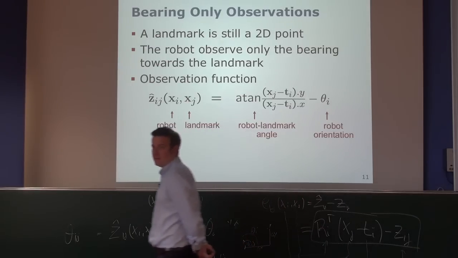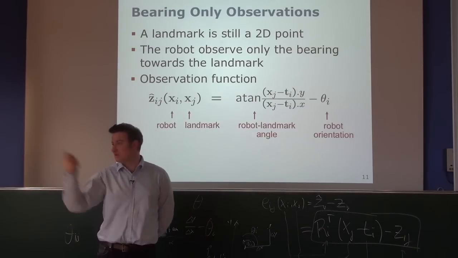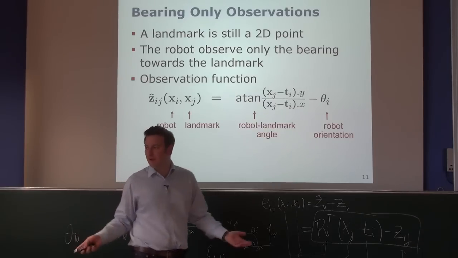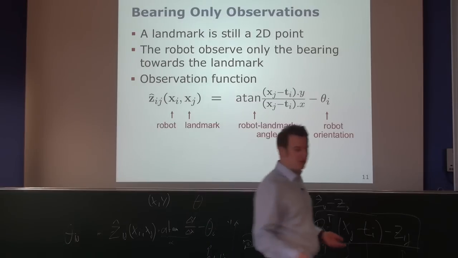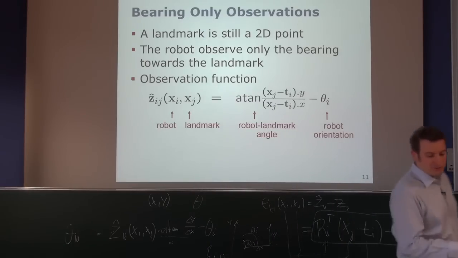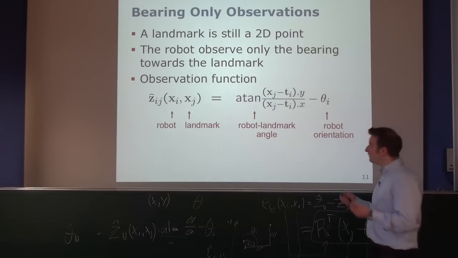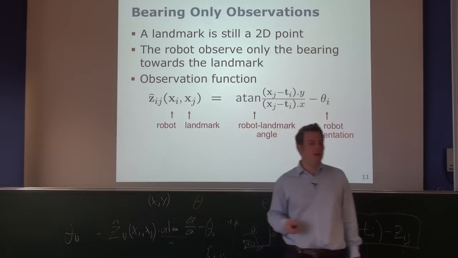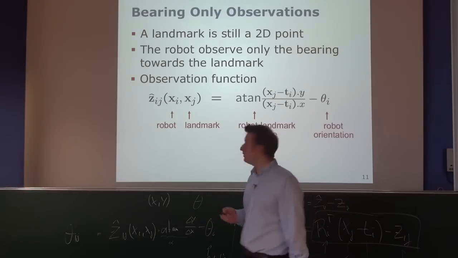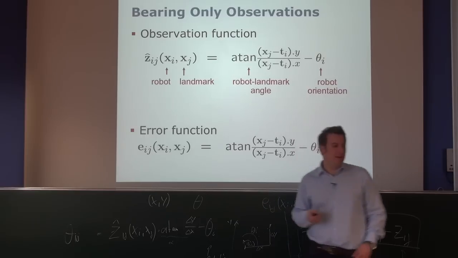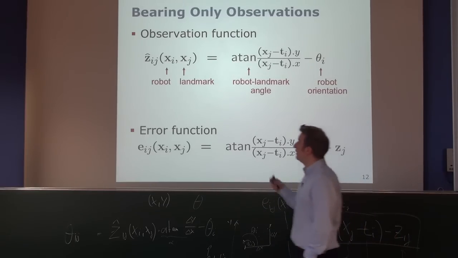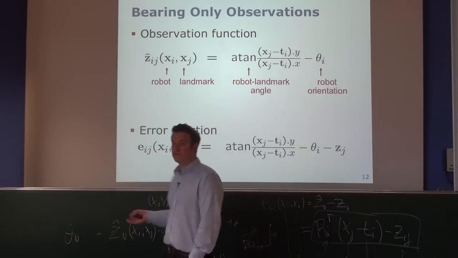If this is 0, the orientation fits perfectly, so I'm measuring what I'm expected to measure. If I'm off by a large degree, there's a big mismatch, and then I'm trying to minimize the difference in the orientations. That's what bearing-only SLAM is. This is exactly the properties that simply result from the landmarks and your sensor.